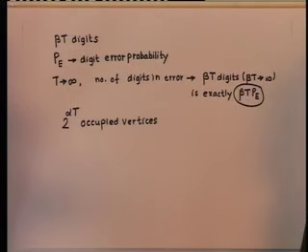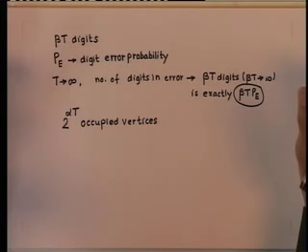In short, we must be able to pack 2 raised to alpha times T non-overlapping spheres, each of radius beta times T times Pe, into the Hamming space of beta T dimensions. This means that for a given beta, alpha cannot be increased beyond some limit without causing overlap in the spheres and the consequent failure of the scheme.